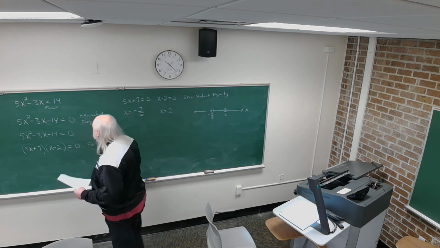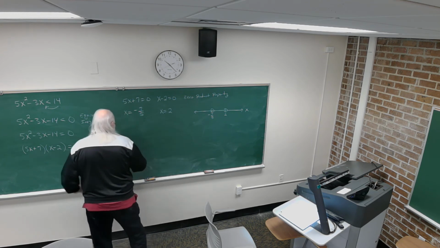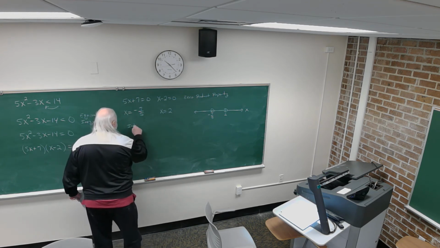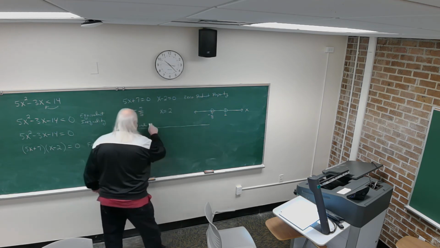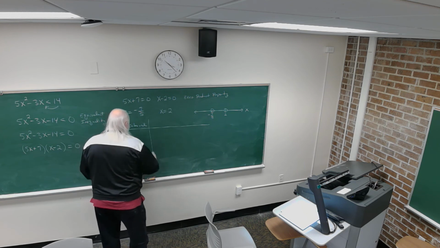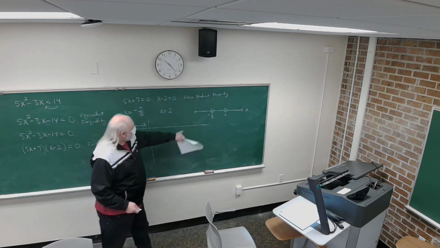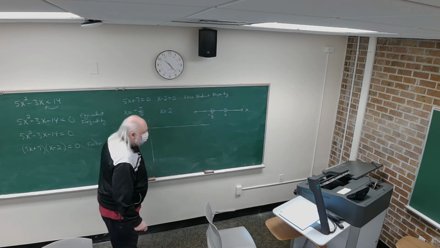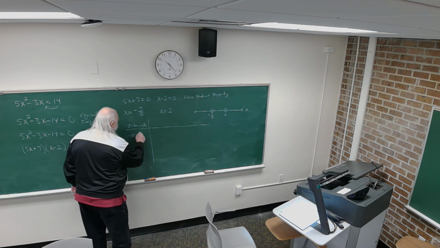And out of the goodness of my heart, I provided you with a table. So we have three intervals. The first interval has no minimum number. It goes from minus infinity to minus 7/5.